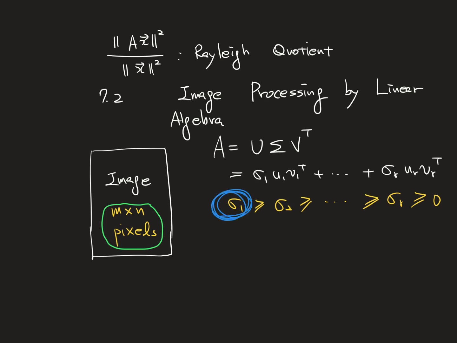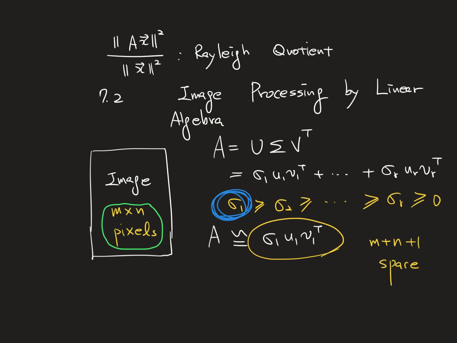So we can say A is almost equal to sigma 1 U1 V1 transpose. To memorize this, we need just m plus n plus 1 memory spaces, which is normally much smaller than m by n. So we can save a lot of memory and still save the image.